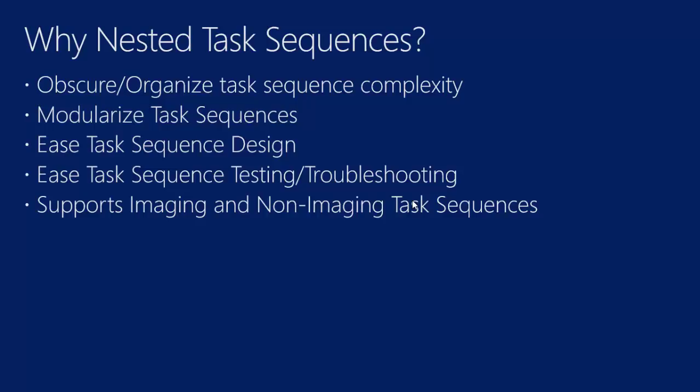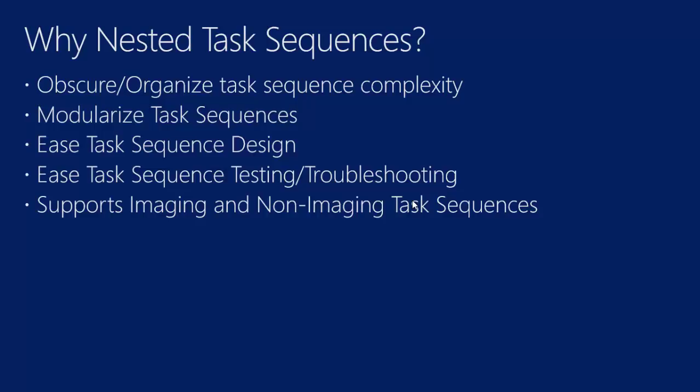Testing, huge. I've read blog articles recently where someone was complaining: why is it that every time there's a problem with the task sequence that's being re-engineered and tested, it waits until the very end of the task sequence to manifest, and then tracking that down and troubleshooting it requires rerunning the entire task sequence to get to that point?